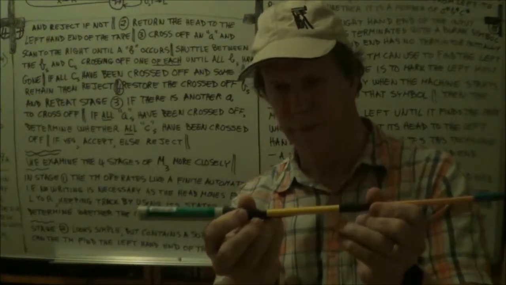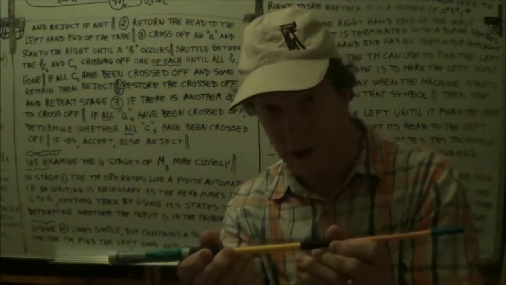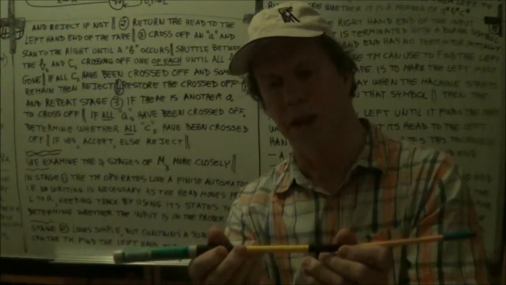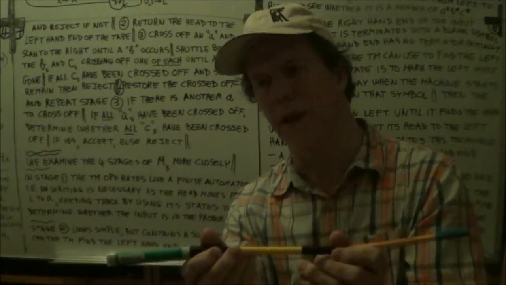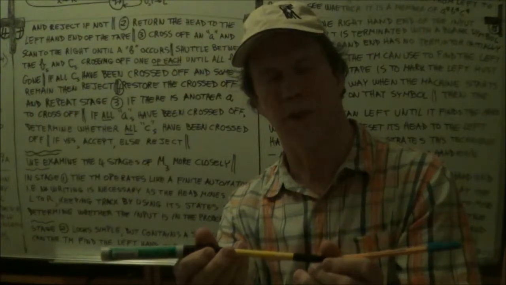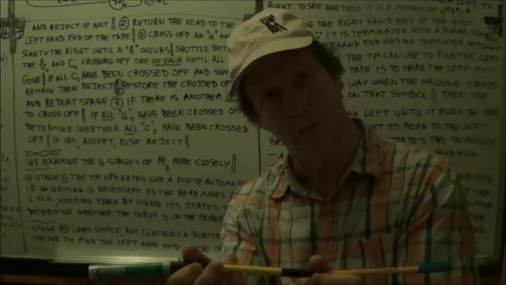Well, the first thing is you scan right across with the Turing machine acting like a finite automaton to see that the string is in the form A star, B star, C star. That was your first check.